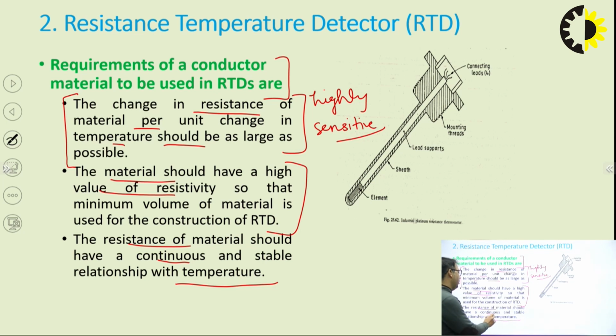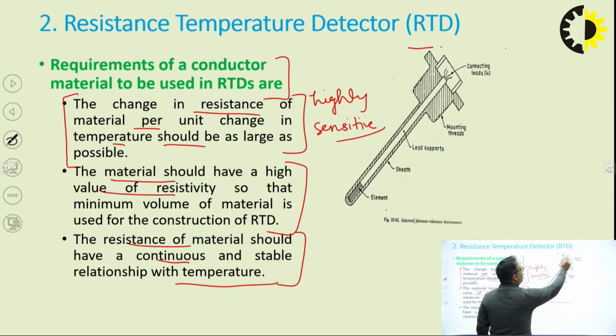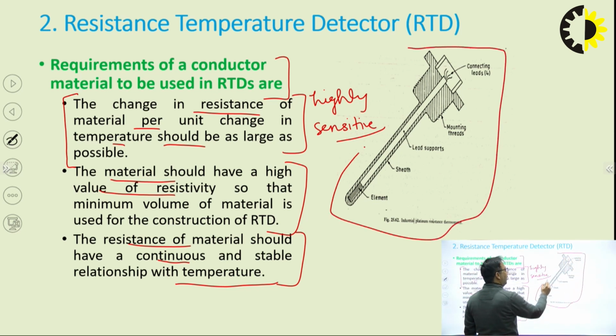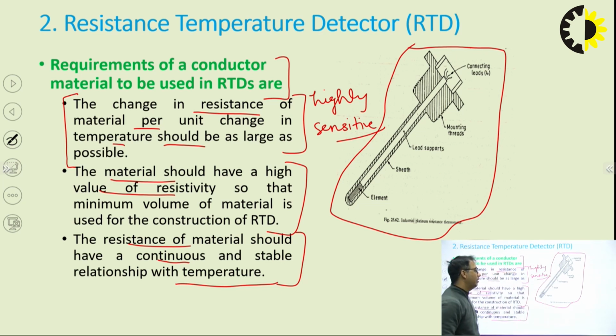There should be continuous linearity between the resistance and the temperature. And this is the basic construction, how our RTD looks like. And this is the main element which comes in contact where we want to measure the temperature.